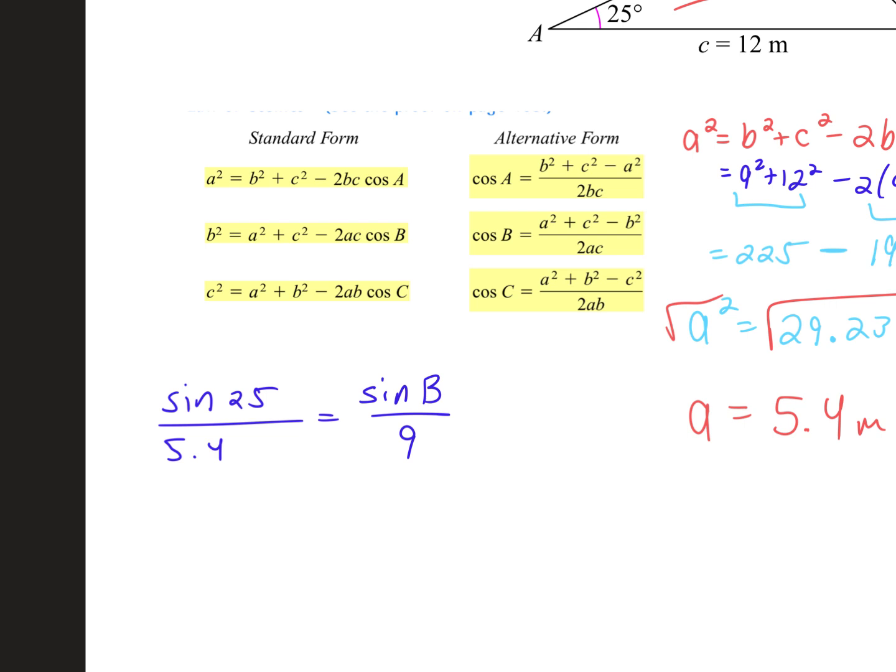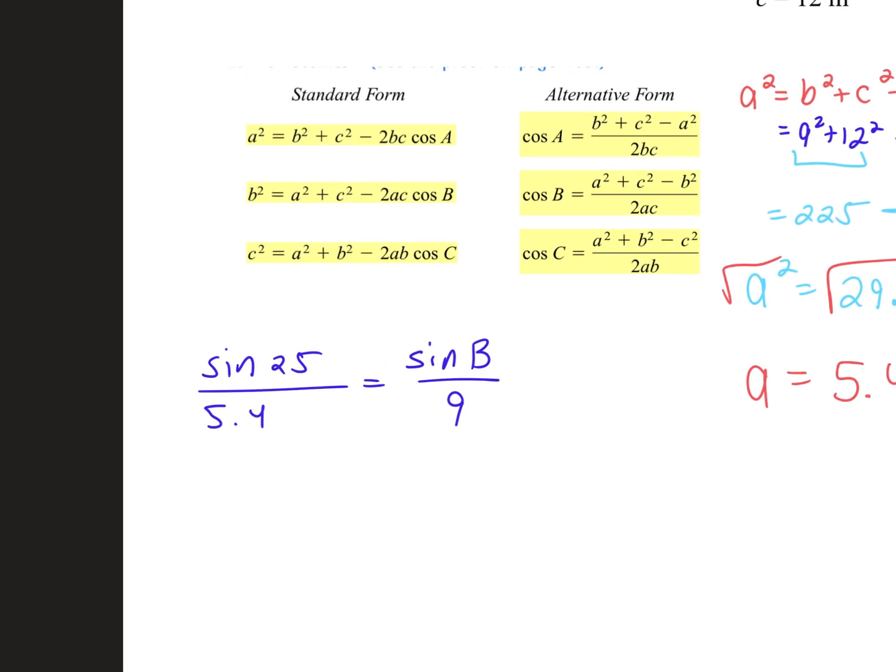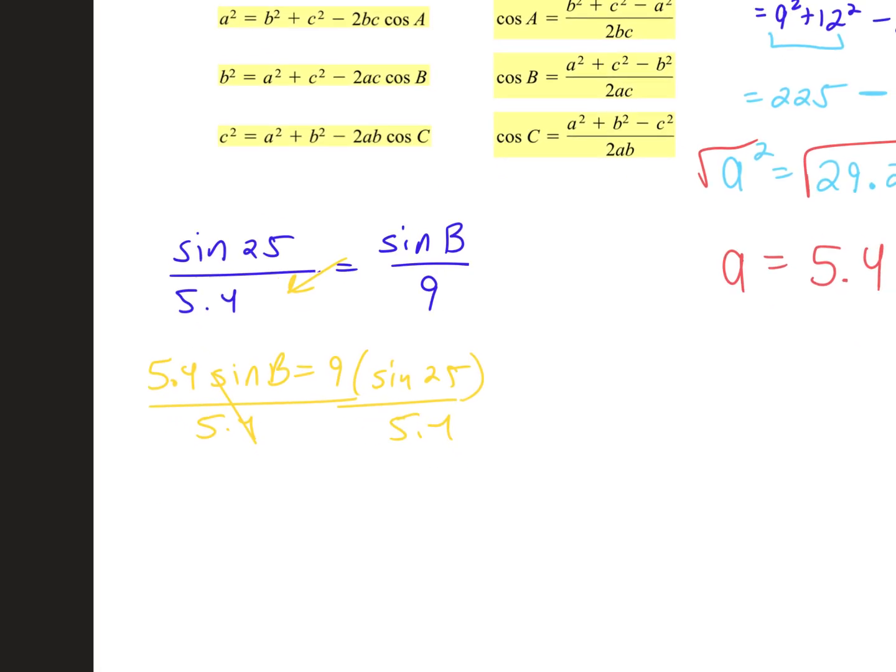Yeah? So how do we solve this? How do you solve a proportion? Cross multiply: 5.4 times the sine of B equals 9 times the sine of 25. Divide both sides by 5.4. And what's the sine of B?